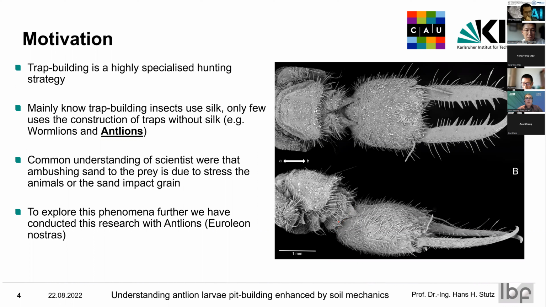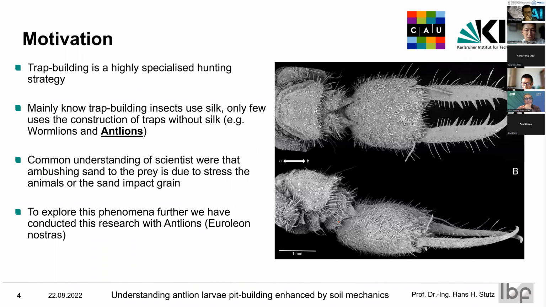And when I saw this video the first time, we had a different kind of collaboration with these two research groups, and they showed me this video of this antlion.